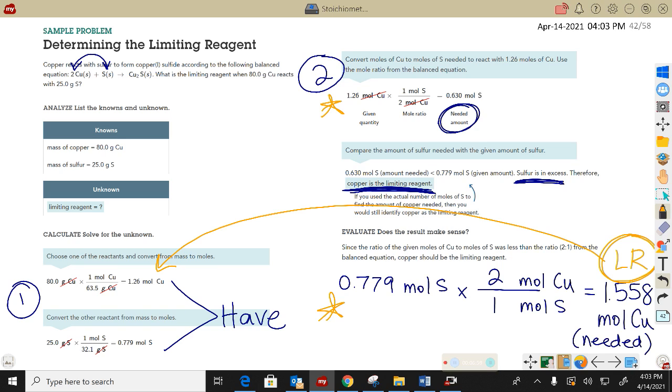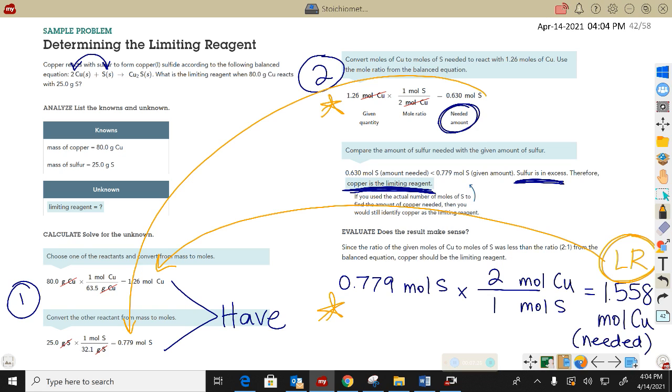What you calculate then is what you need. And we compare that to the amount that we have. If we need less than what we have, well then, yeah, I've got more sulfur, that's in excess. If I need more than what I have, then that one's going to run out. That's the limiting reactant.